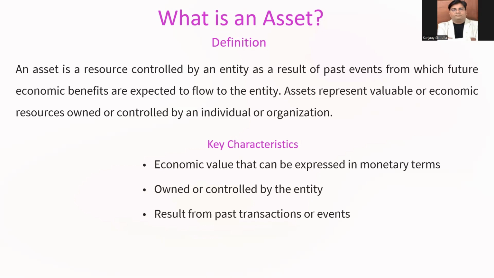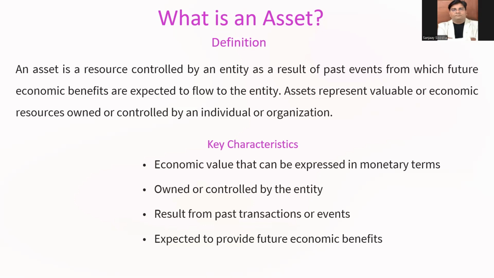They result from past transactions or events, which means the assets are purchased. So the very activity of owning an asset has already been done in the past, and the assets are expected to provide future economic benefits.